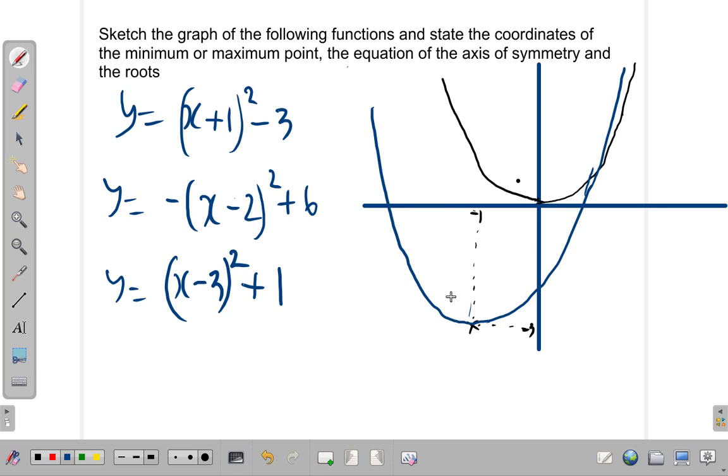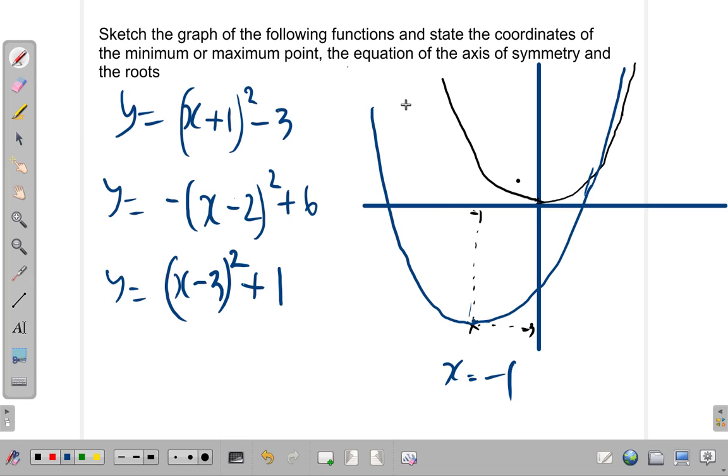And the axis of symmetry would be x equals -1. You can see it from here. If you shift x squared 1 unit to the left, then in x squared the axis of symmetry was x equals 0. Here now it is x equals -1.